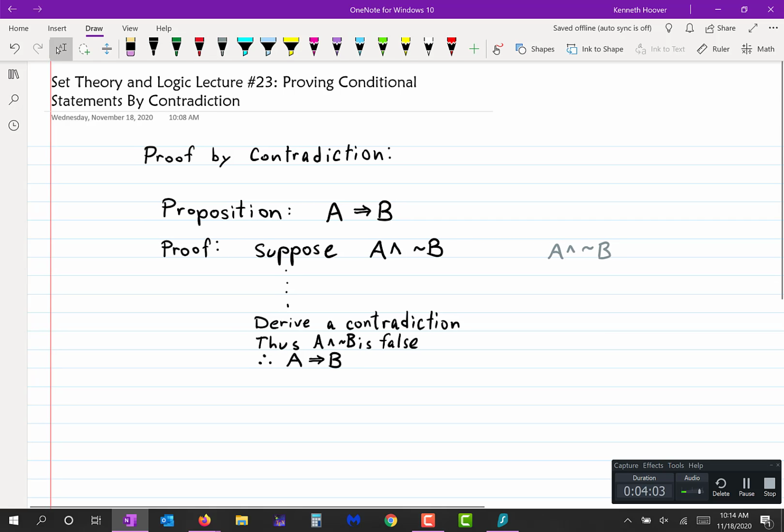Okay? Now, just for the sake of comparison, let's remind ourselves about proof by contraposition.